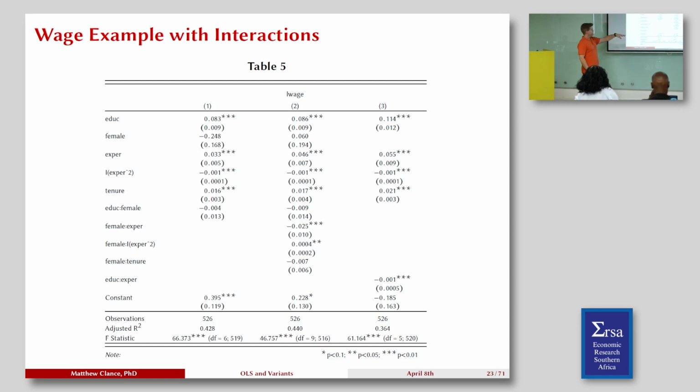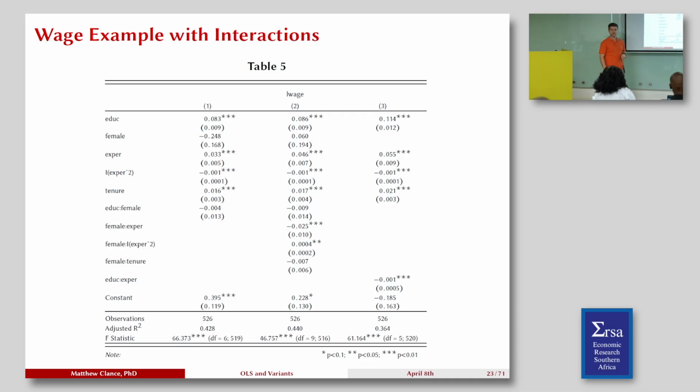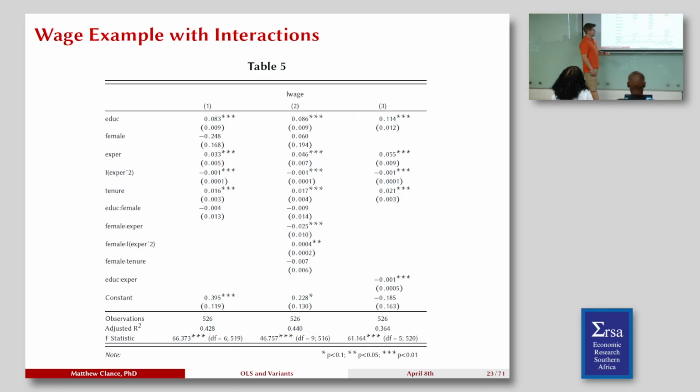Because in that last one, once I took out gender and focused on that outcome, you can see that my education coefficient did take a bit of a jump. It's closer to 12% now. So these are the interactions and how we interpret them.